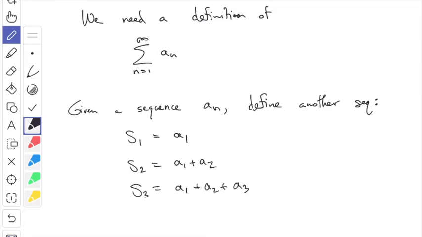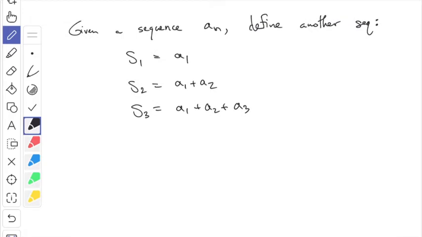The letter S is for sum. S is the sequence of sums starting from the beginning and going up a certain amount and then stopping. Each of these S's is a sum of part of the series. The whole series includes everything, but these just go up to a certain point and then they stop. So Sn in general is A1 plus A2, etc., up to an.